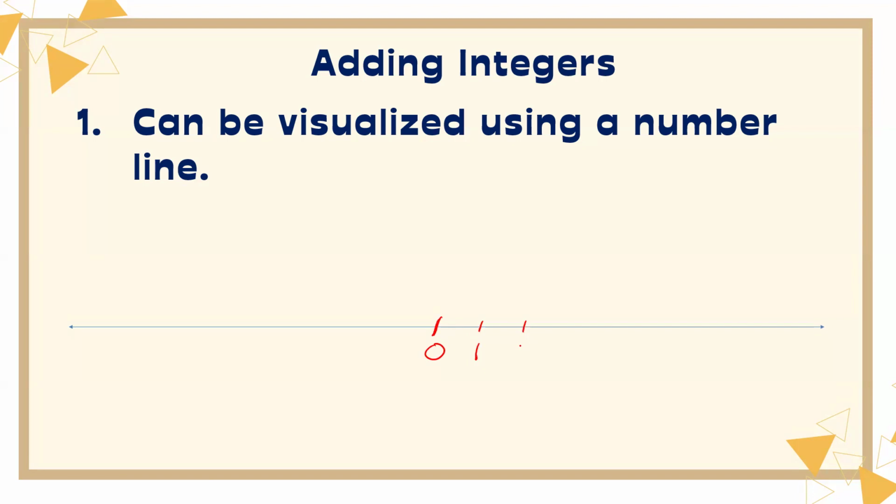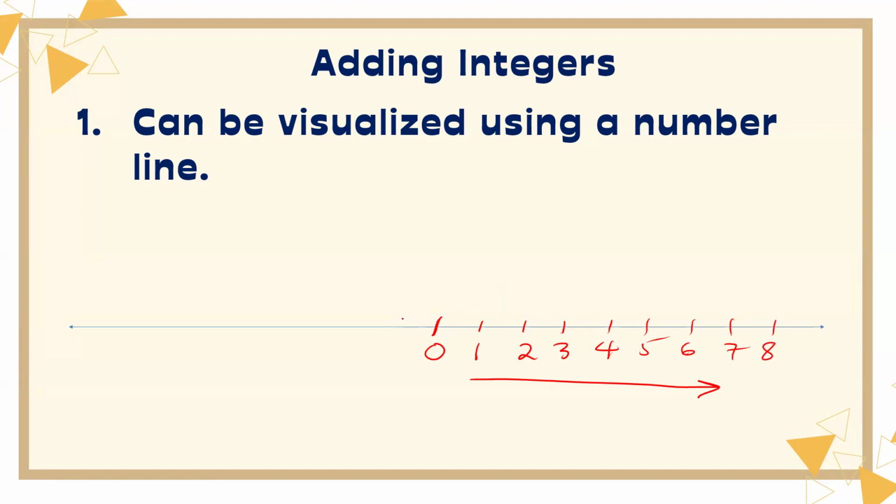Through this number line, of course, to the right side of the number line we have the positive integers: 1, 2, 3, 4, 5, 6, 7, 8.